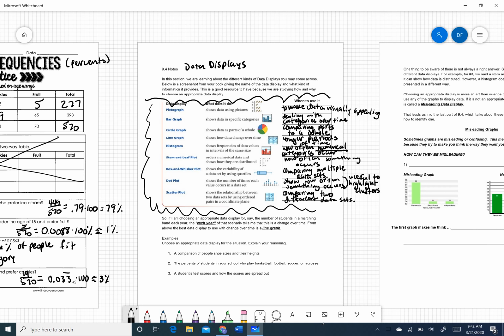So if I'm choosing an appropriate data display for, say, the number of students in a marching band each year, each year of that scenario tells me that this is a change over time, right? So as we talked about before, the best data display to use with change over time is a line graph.